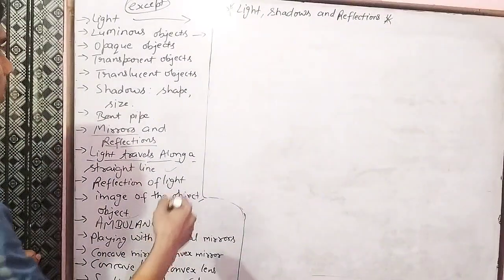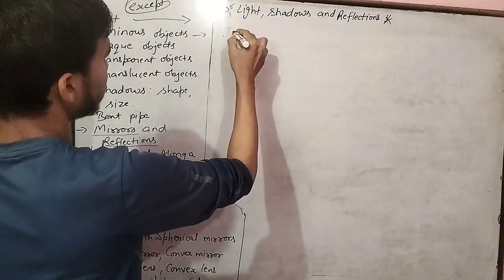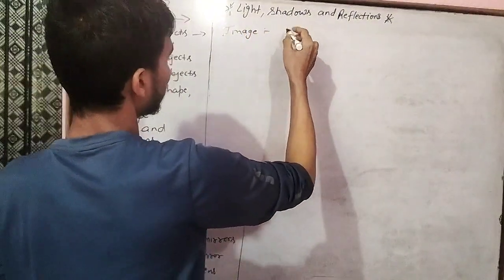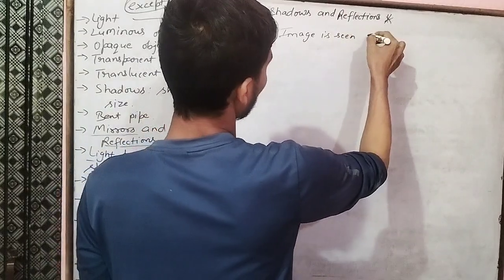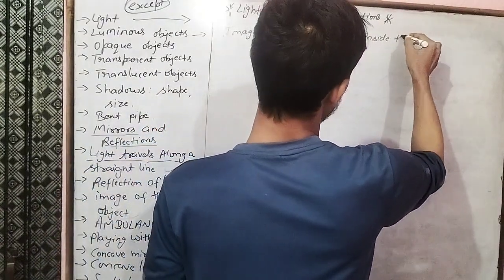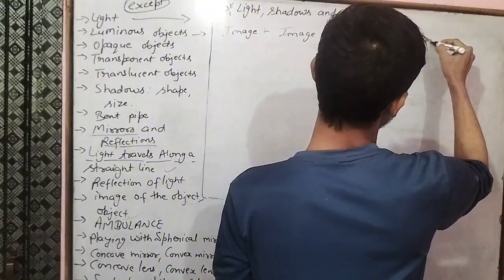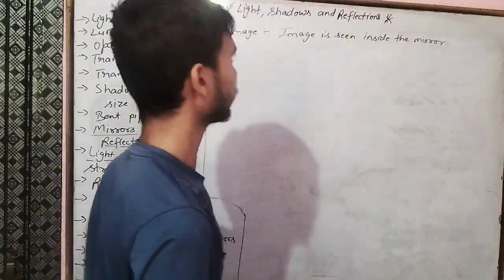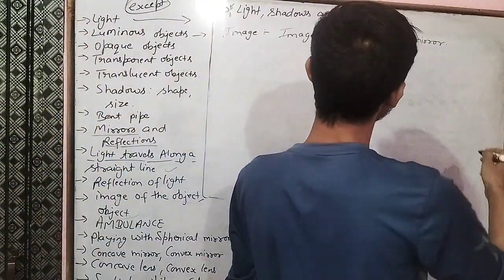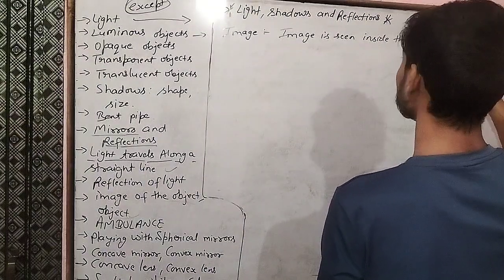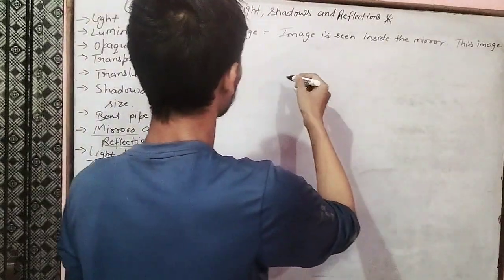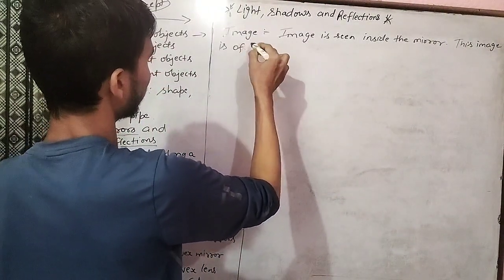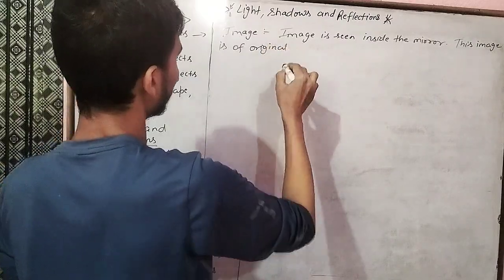Where are we? Image. Image is the same as inside the mirror. This type of image is of the original object.